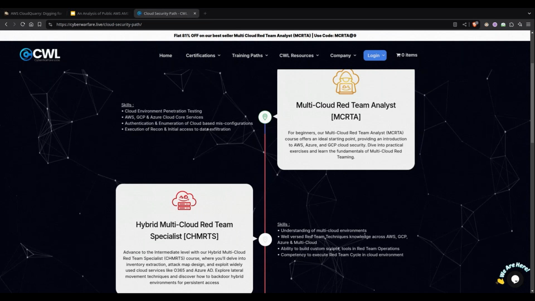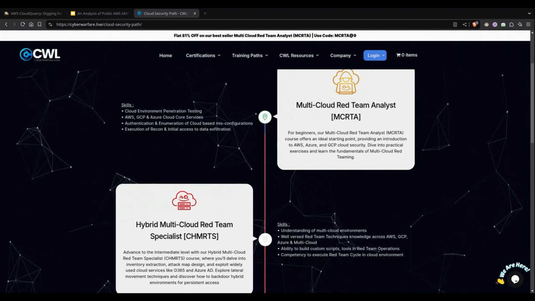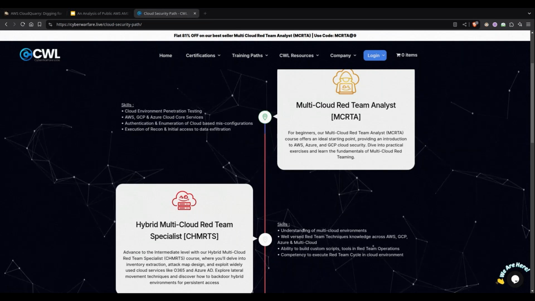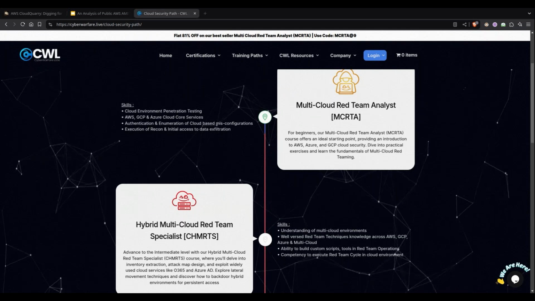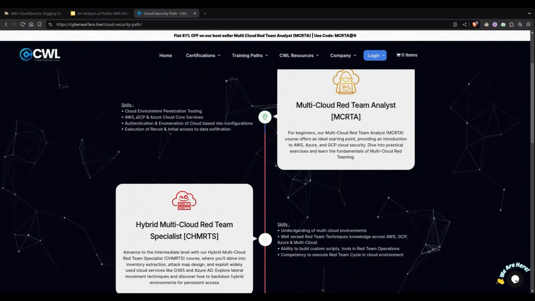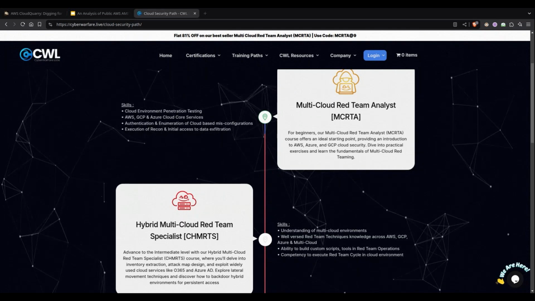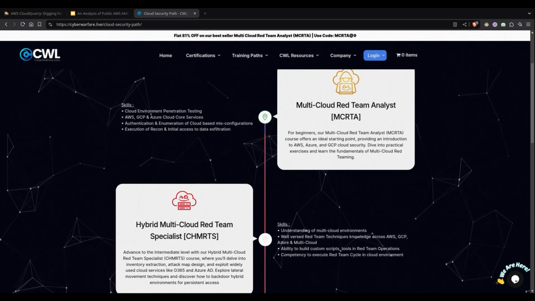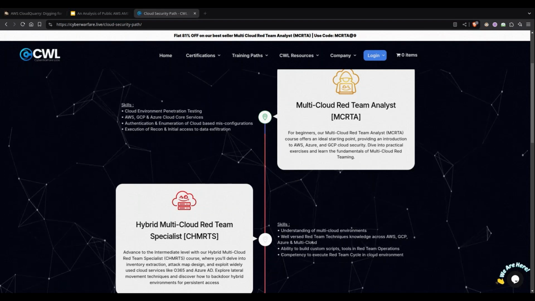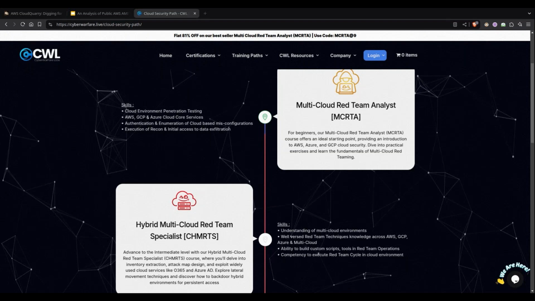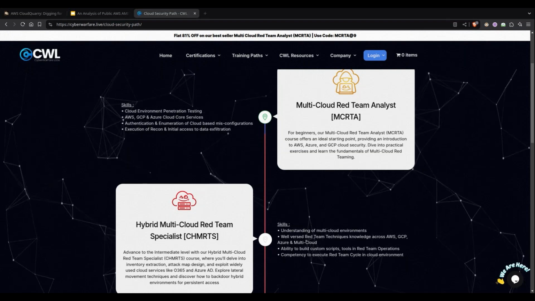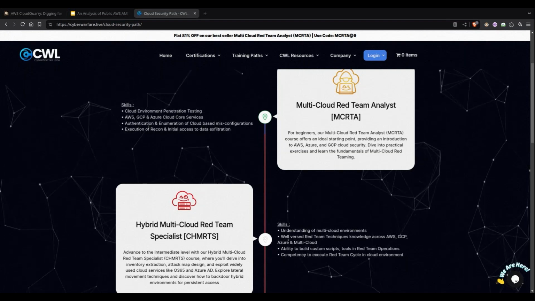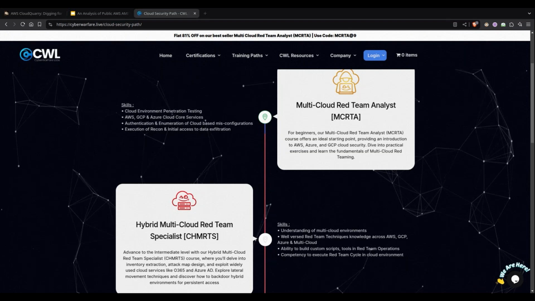Any other queries? I'll be here for a few more minutes. Does the content of the cloud security path include cloud red teaming? Yes, we have cloud red teaming, and we do have cloud pen testing.